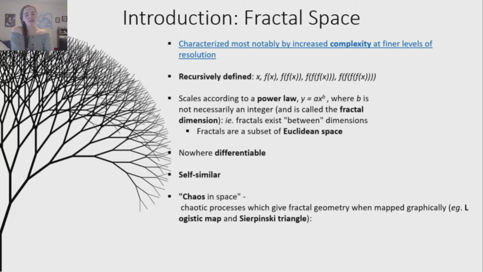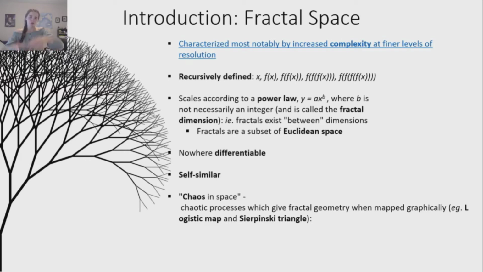We can also say that a fractal is chaos in space, and this is the most fascinating property to me. We will define chaos in a little bit, but on a basic level chaos means local randomness but global determinism. When you look at a chaotic system on a detailed level, it looks kind of random, like there's no discernible pattern.